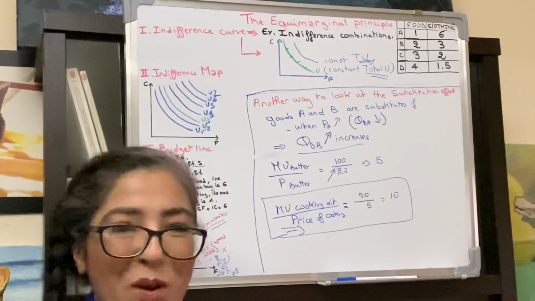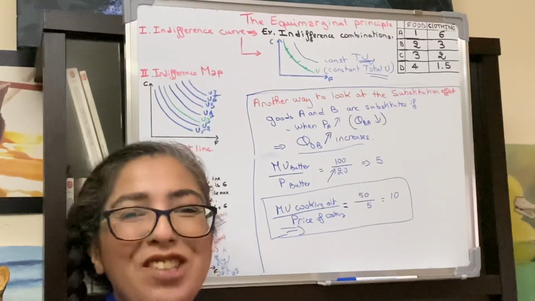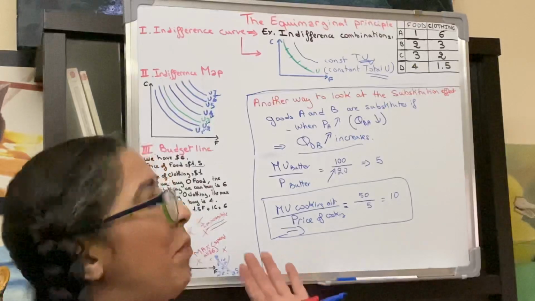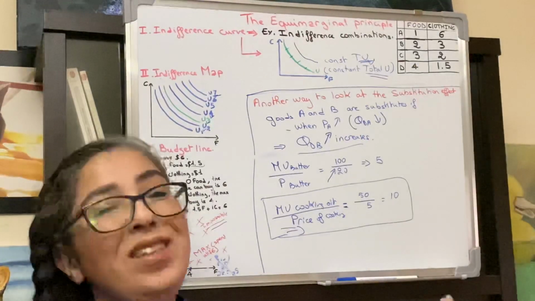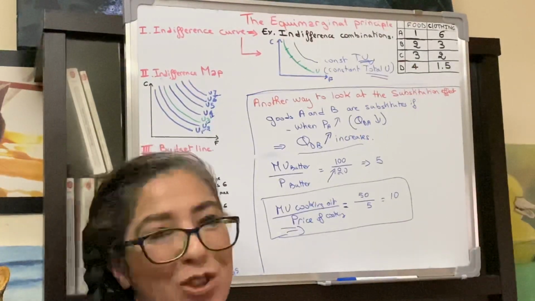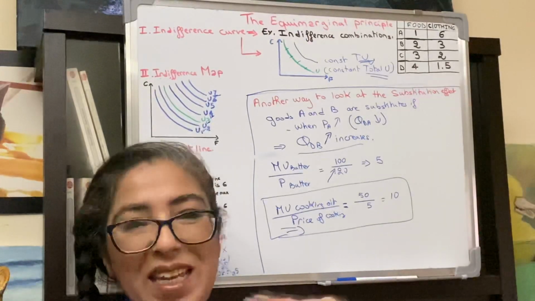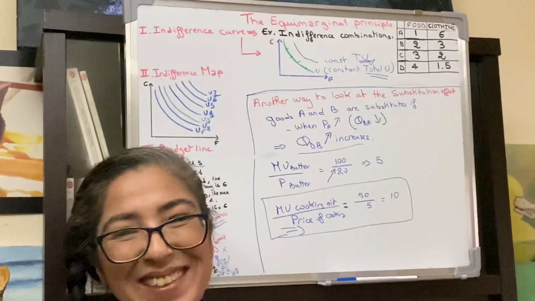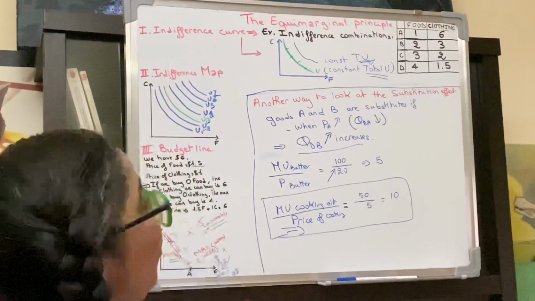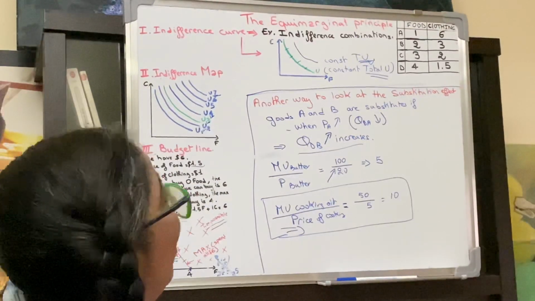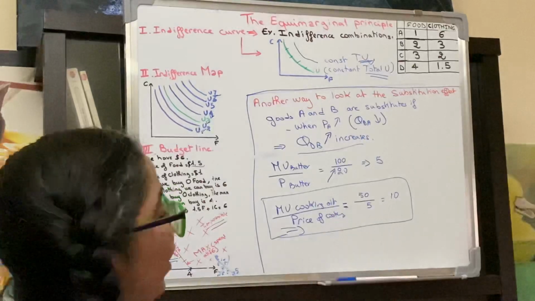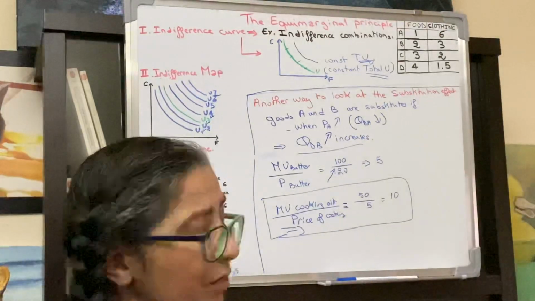Whenever you have a basket of goods, you keep buying the highest ratio, trying to equalize the last dollar spent on each good. Okay? I'm done with the equimarginal principle, and I'm done with the substitution effect.